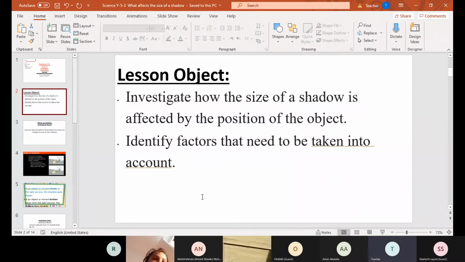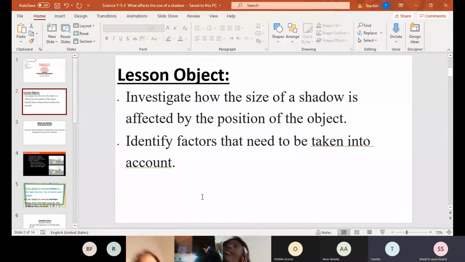Yes, right. Very good. So it means the shadow depends on the distance. When you are near to the light source, it will be bigger. And when you are going away from the light source, it will decrease, or it will be smaller. Is that clear, all of you?